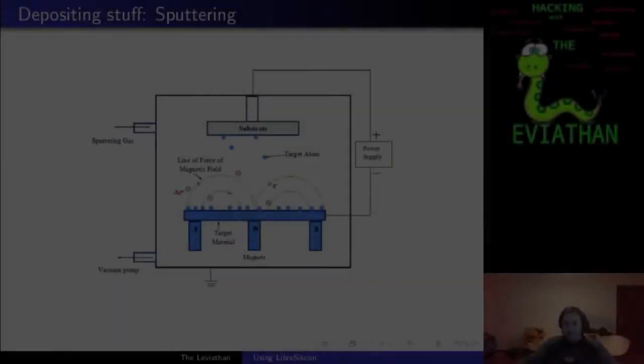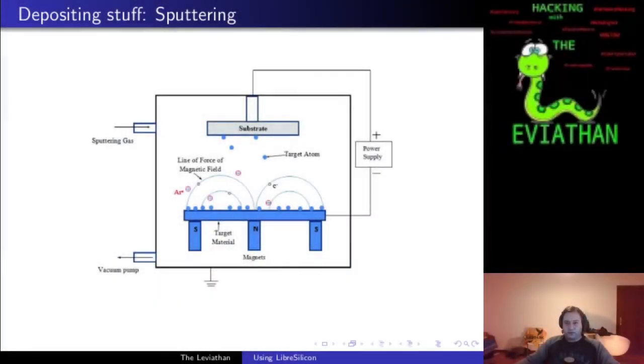For depositing metals, which are required for the metal interconnects, or also for depositing metal which can be reacted in an RTP furnace in order to form silicide, a sputtering machine is probably the easiest solution.